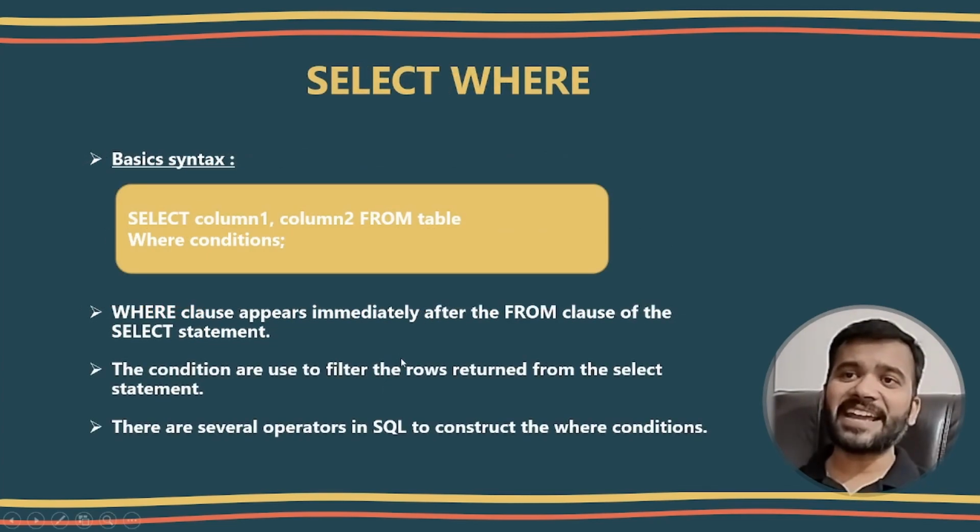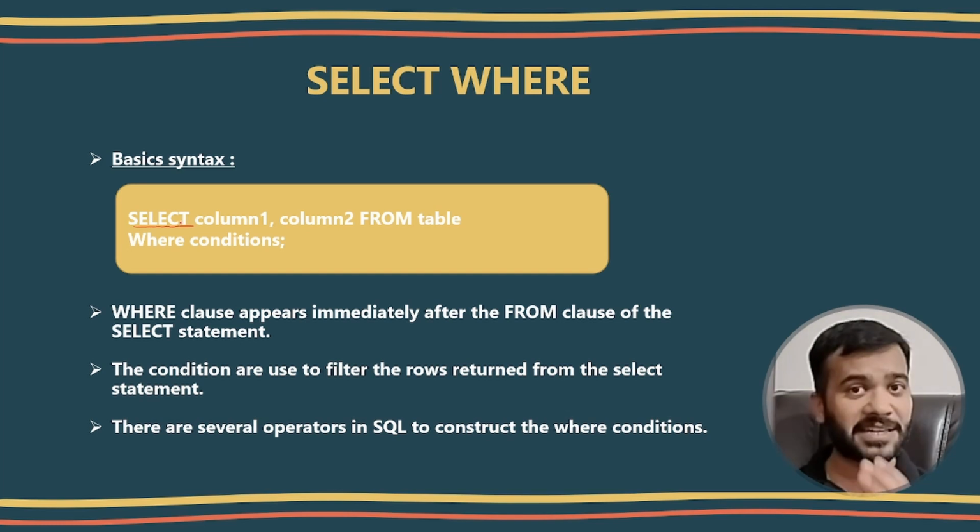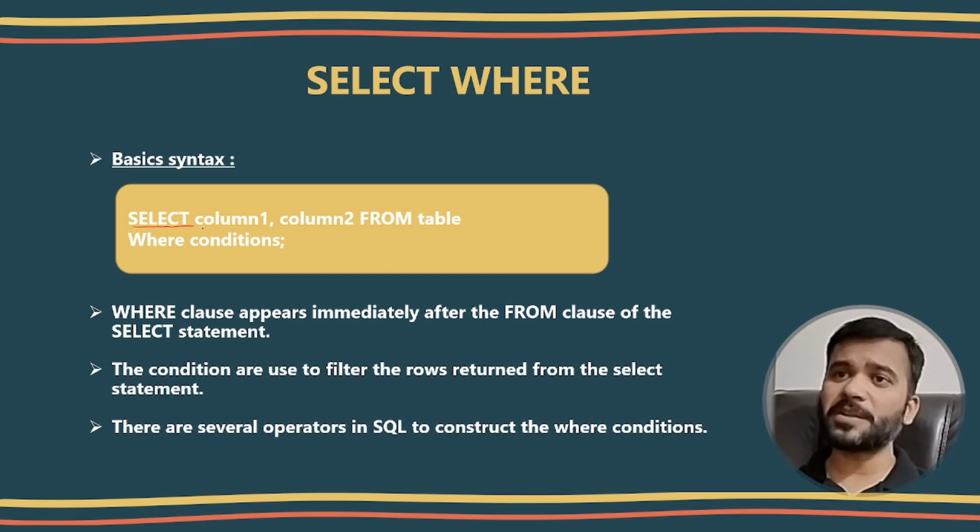The basic syntax is, first you write select as we have seen earlier, and then you mention your column name. If you want a particular column, you mention the column name, else you can use the asterisk symbol. As you know, the asterisk will return all the columns.